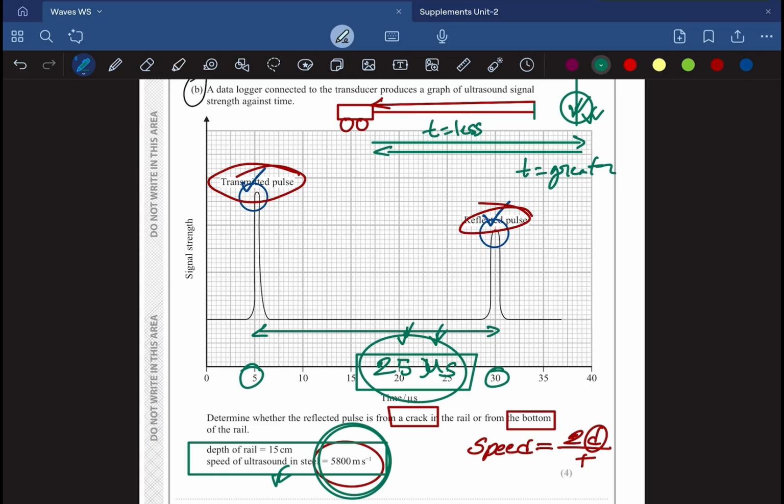But if the time is smaller, then we can say it didn't reach the actual distance that it should have reached, so it came back from the crack, right?